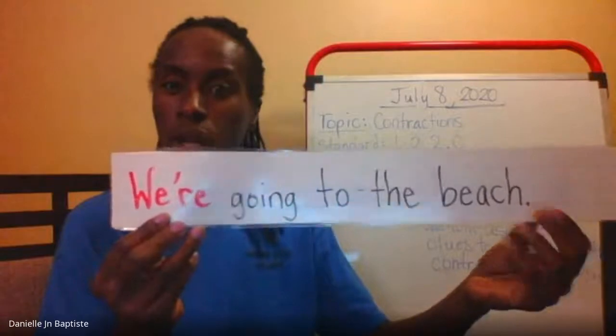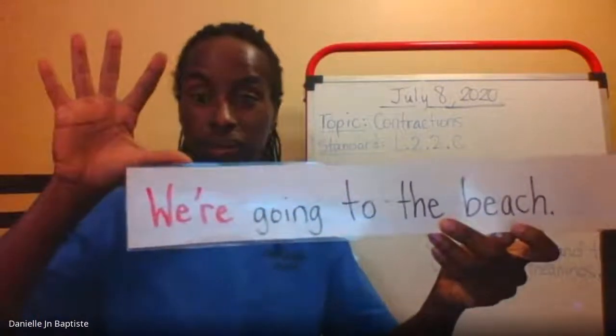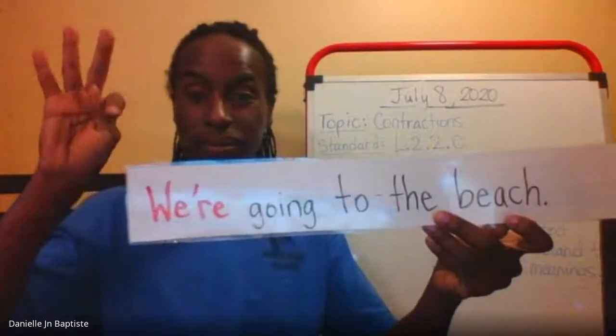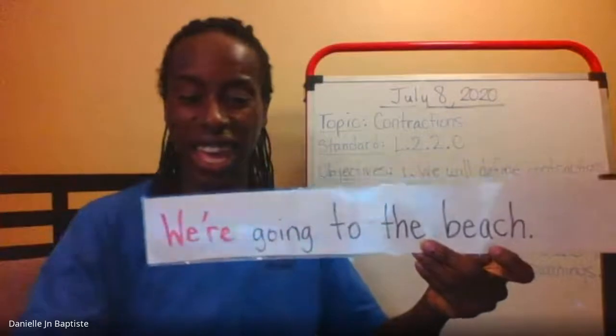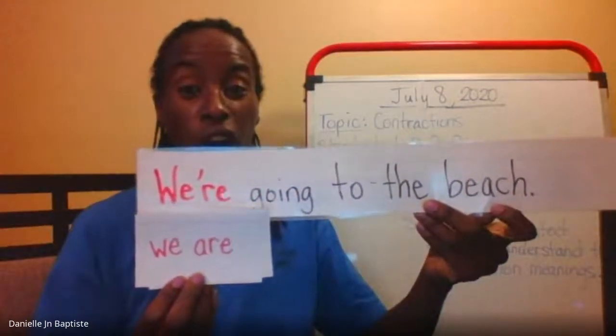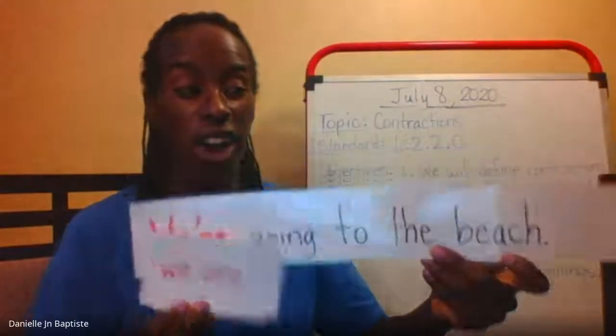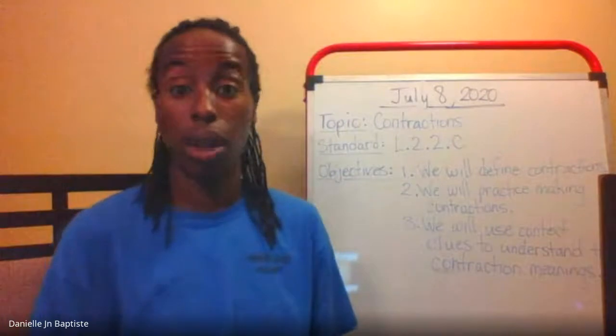Think about it. You have 5 seconds. Hey, we're means we are. We are. Awesome job. We may not have made a contraction out of that, but you know what?